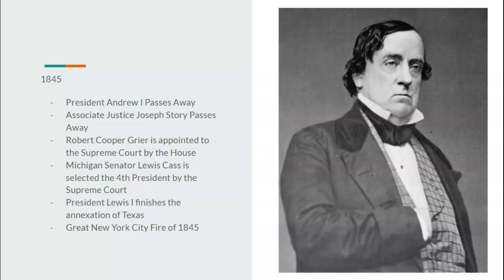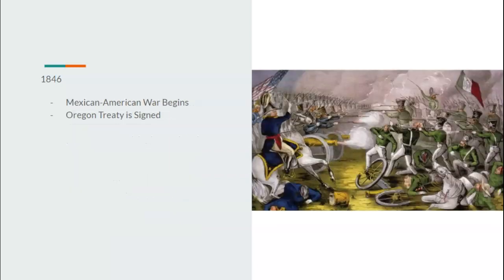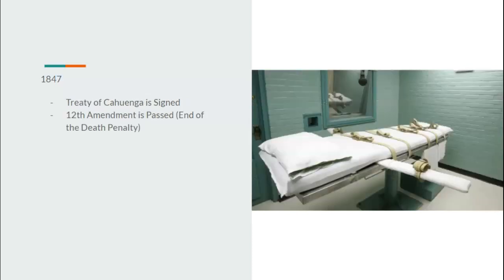And President Lewis I would finish the annexation of Texas, which was started by President Andrew I. And there's also the Great New York City Fire of 1845. In 1846, due to the annexation of Texas, the Mexican-American War would begin, and the Oregon Treaty is signed. 1847, the Treaty of Cahuenga, I'm probably mispronouncing that, is signed, and the 12th Amendment is passed, which is the end of the death penalty.